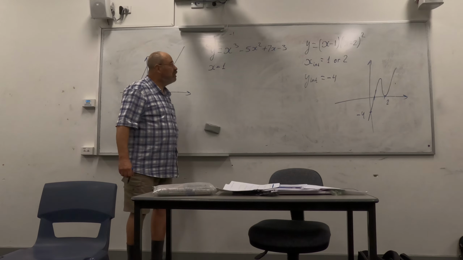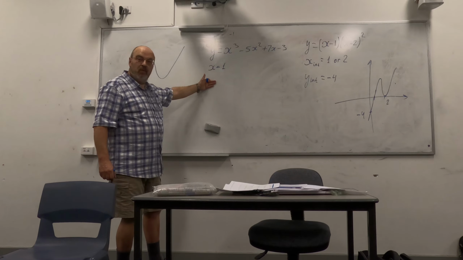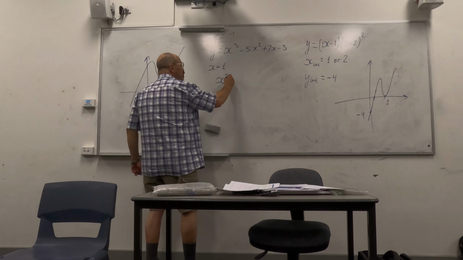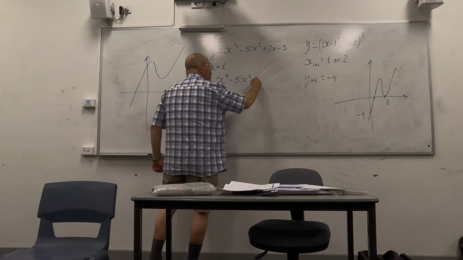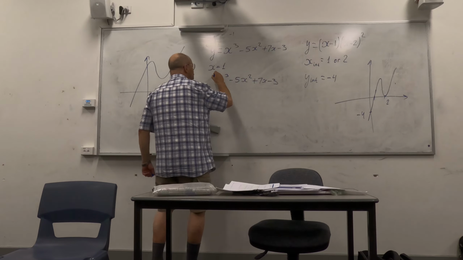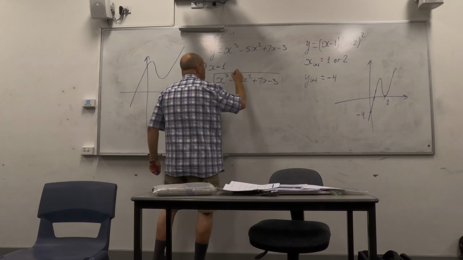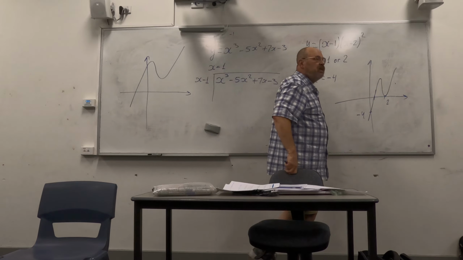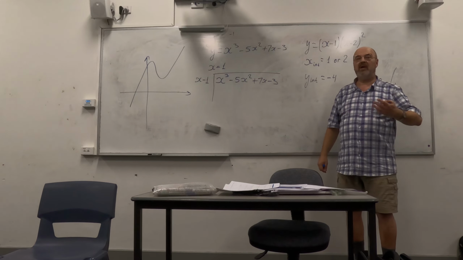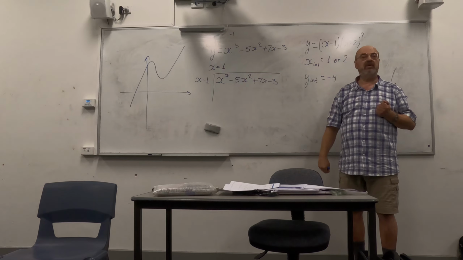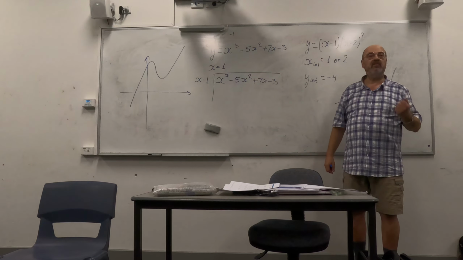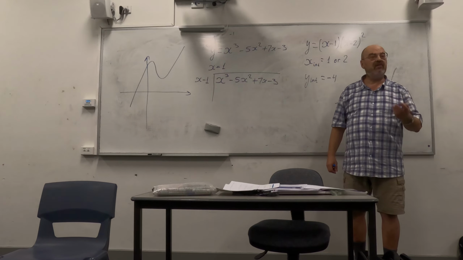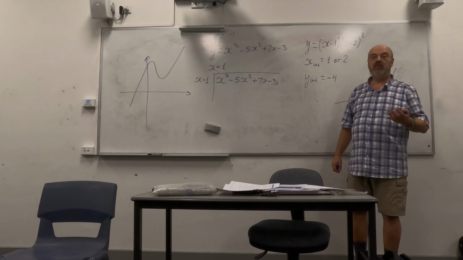Now, what will the factor be? x minus 1. So we do polynomial division: x cubed minus 5x squared plus 7x minus 3 divided by x minus 1. Whichever way you do polynomial division is fine, whichever you feel more comfortable with: long division, synthetic division, or equating coefficients.